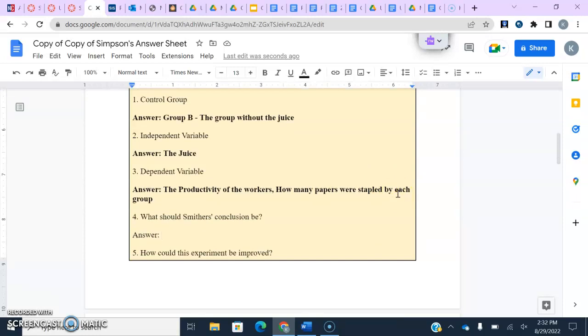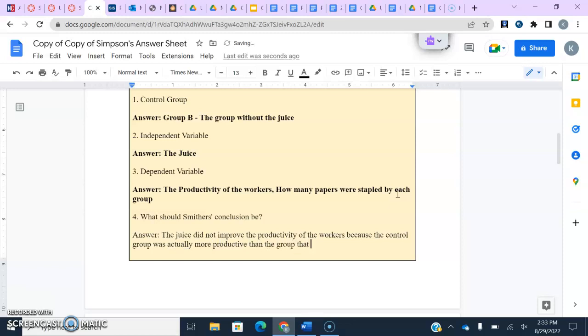So Smithers should conclude the juice did not improve the productivity of the workers because the control group was actually more productive than the group that received special juice.